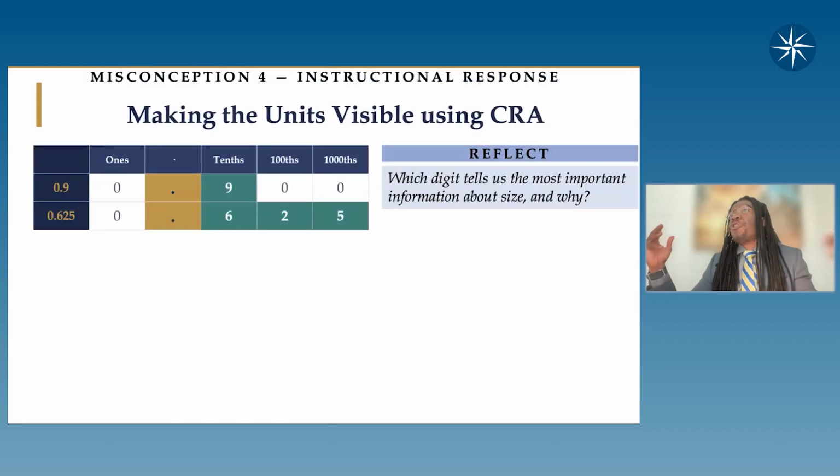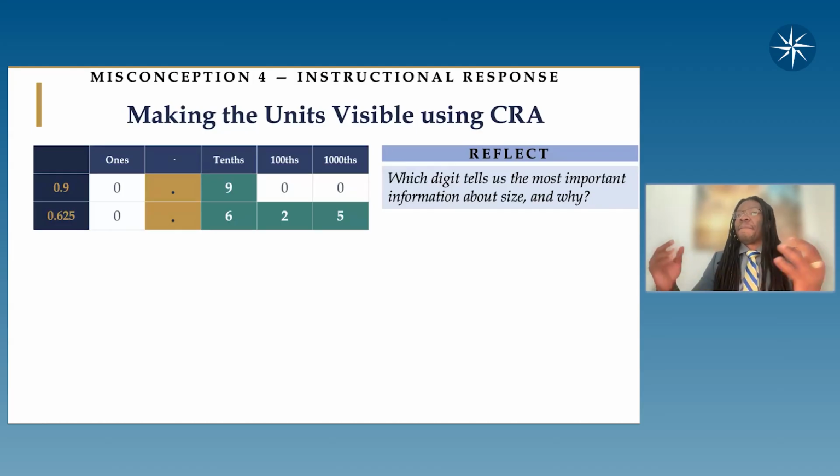So making units, and then we are at the representational level. So when we use this place value chart, this sits in the representational lane, right? Not at the concrete. So now we have which digit tells us the most important information about size.